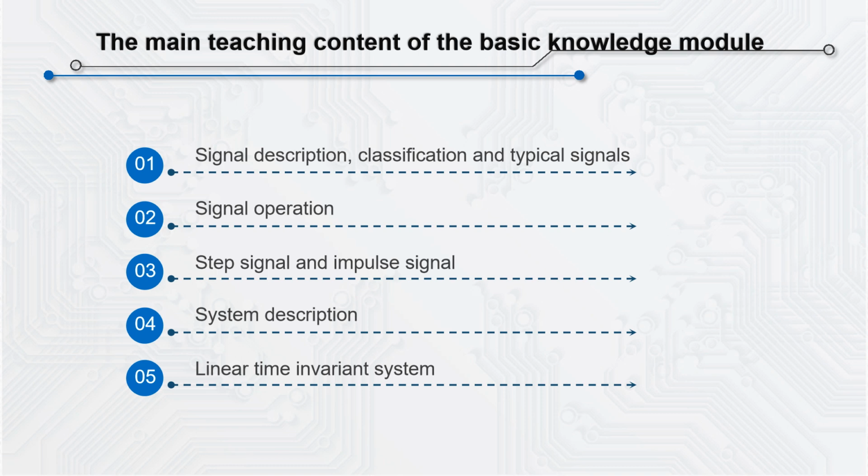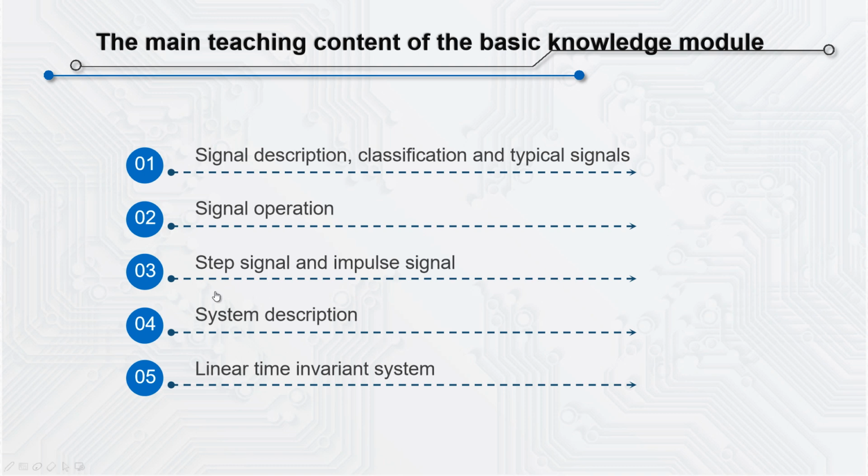You should also note the concept of continuous time signals and discrete time signals. As for the calculation of signals, you should master their mathematical description and their engineering significance. Step signal and impulse signal are two special signals, and they are singular functions. You should master their definition, properties, and the relationship between them.